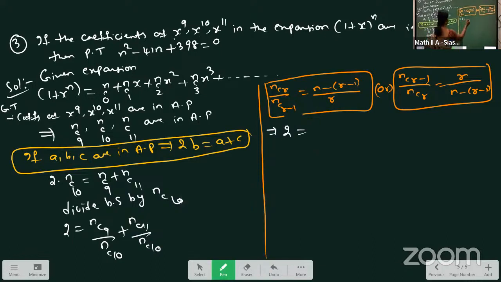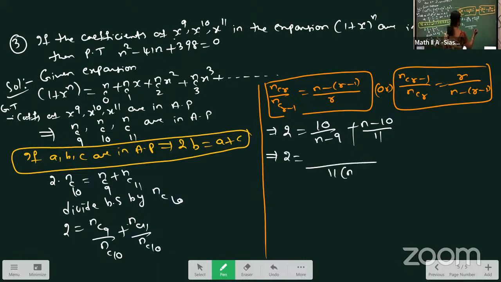So 2 is equal to 10 by N minus 9 plus NC11 by NC10, directly by the formula, N minus 10 by 11. Now simplify this. 2 is equal to, with LCM 11 into N minus 9, we get 10 into 11 is 110 plus N minus 9 into N minus 10.